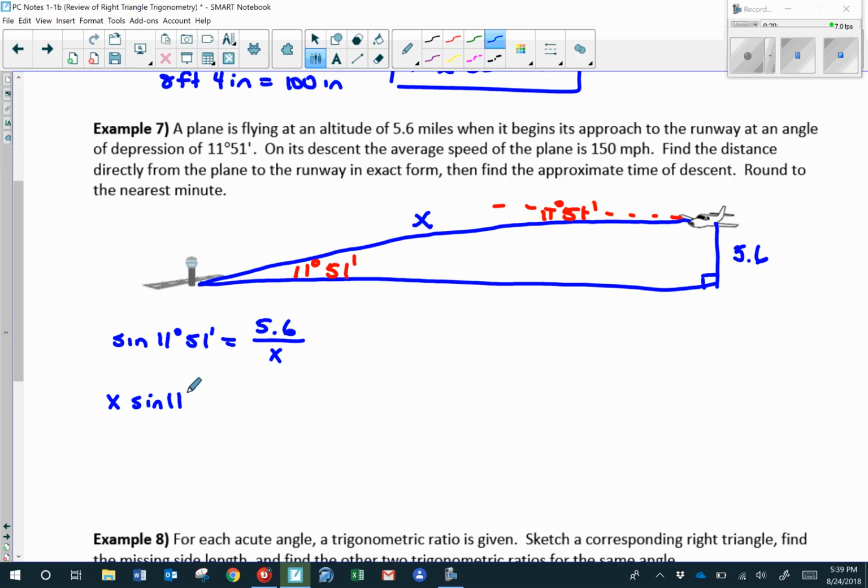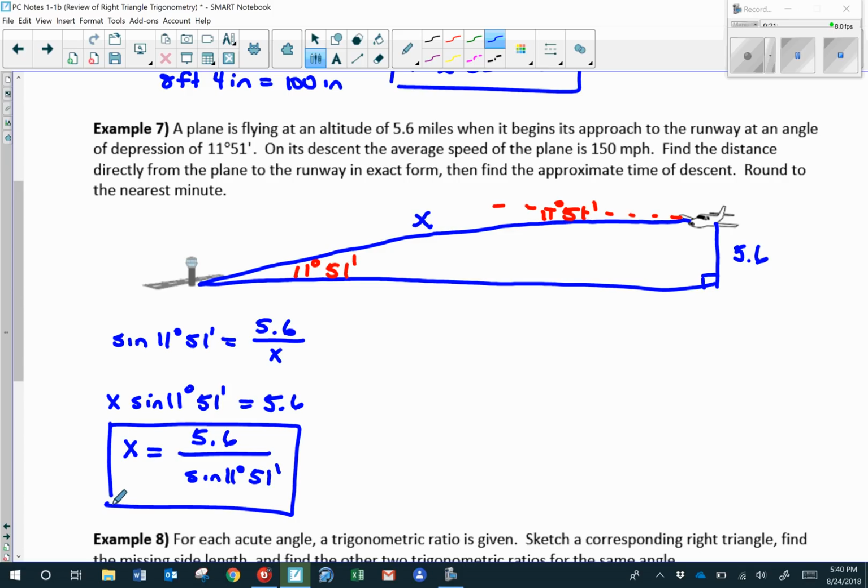So we get x times the sine of 11 degrees 51 minutes equals 5.6. And then in order to solve for x, x is equal to 5.6 divided by sine of 11 degrees and 51 minutes. Now that is the distance from the plane to the runway. We were asked for that in exact form.